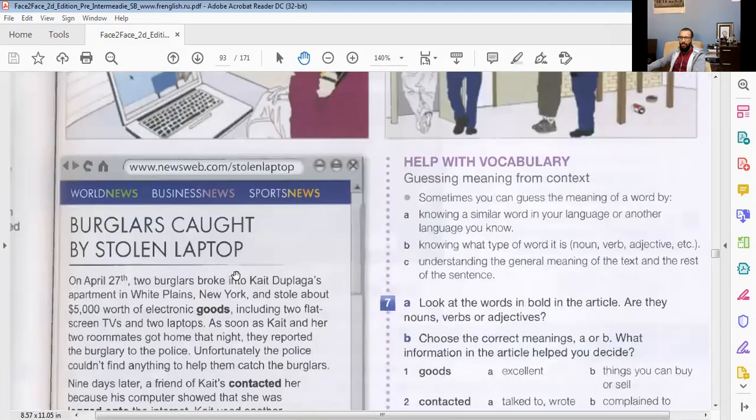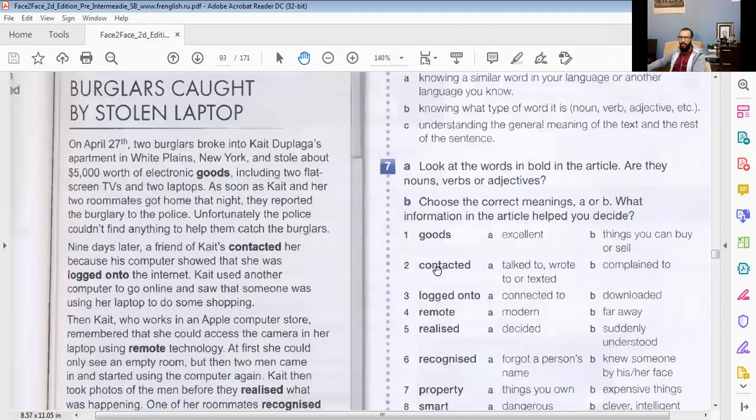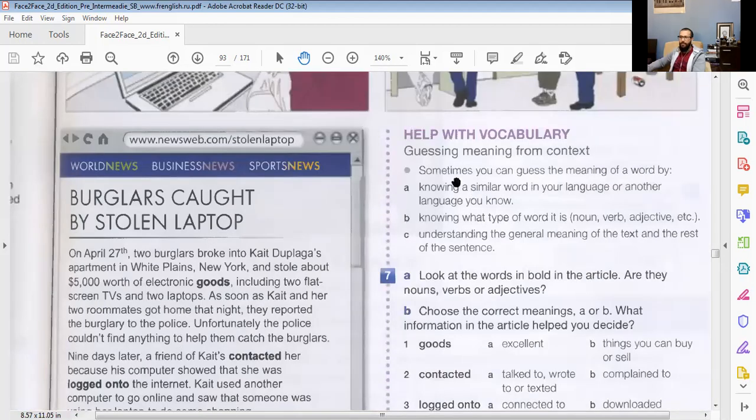Okay, so let's try to answer a few questions here. It says sometimes you can guess the meaning of the word. There are three different techniques that we can use to guess what the meaning of a word is. The first is, if you know a similar word in your language or another language, this can help.